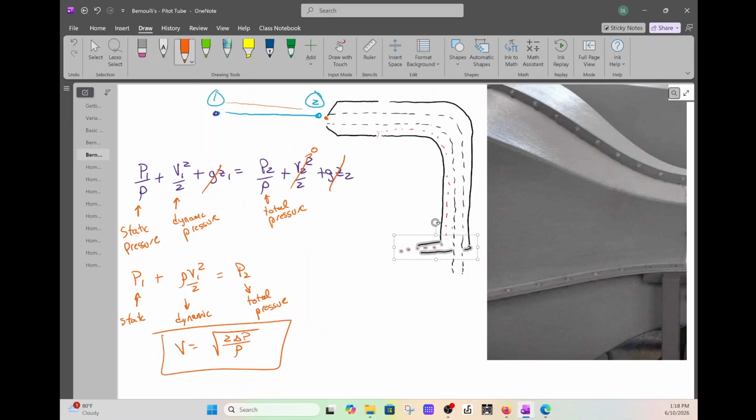It'd go like this, go a little bit around, and then level right out. Technically this point right here that we're measuring is the same as point 1, because it's perpendicular to the surface and there's a velocity to this. It's moving past it and we have static. So we have this condition right there at point 1. Point 2, it just comes and stops. There is no velocity, and we have total pressure.